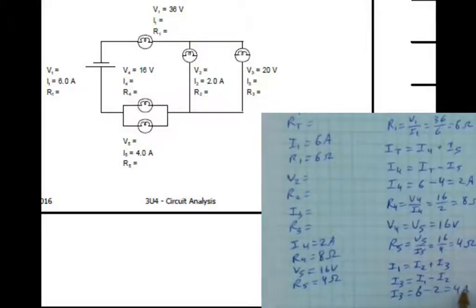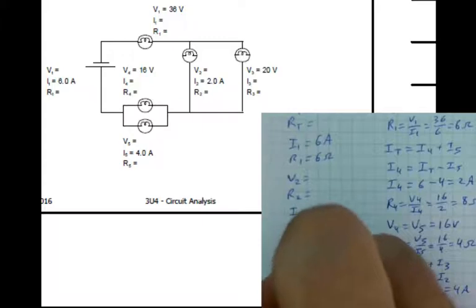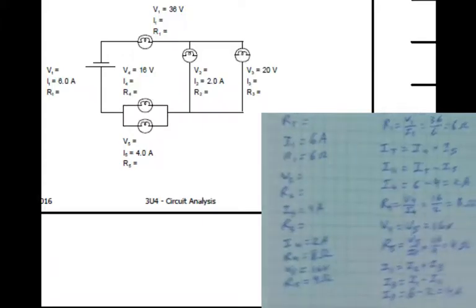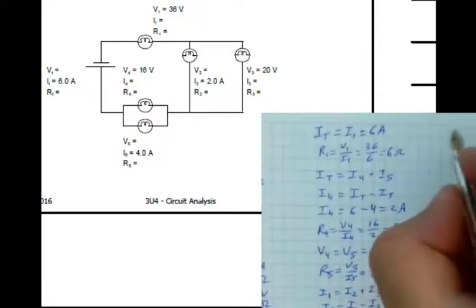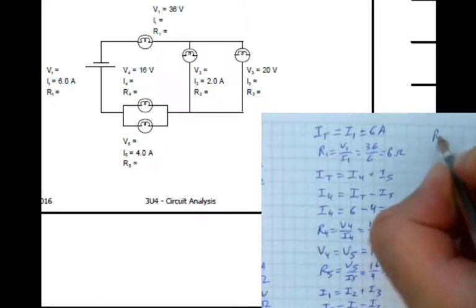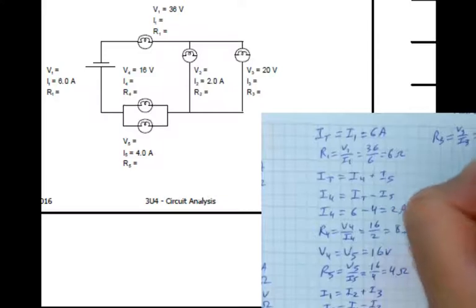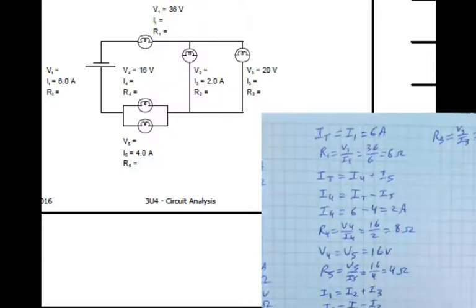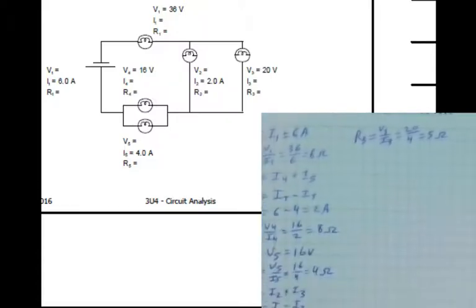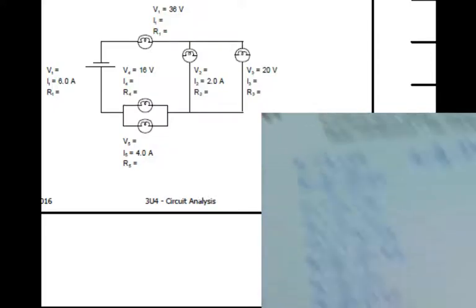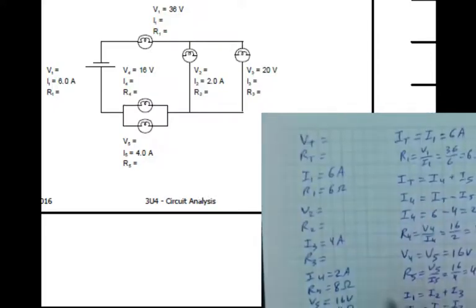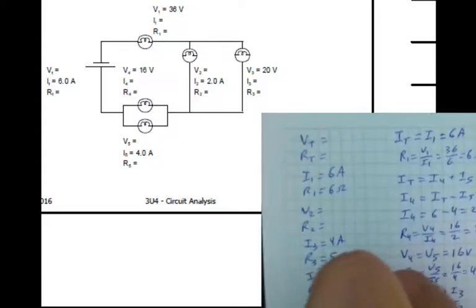So we have 4 amps for I3. Using Ohm's law, we need to solve for R3. V3 over I3. V3 is 20. I3 is 4. We've calculated it. So we have 5 ohms. Sorry, I did that all off to the side there. We have 5 ohms for R3. So we can go back to our list. R3 is 5 ohms.